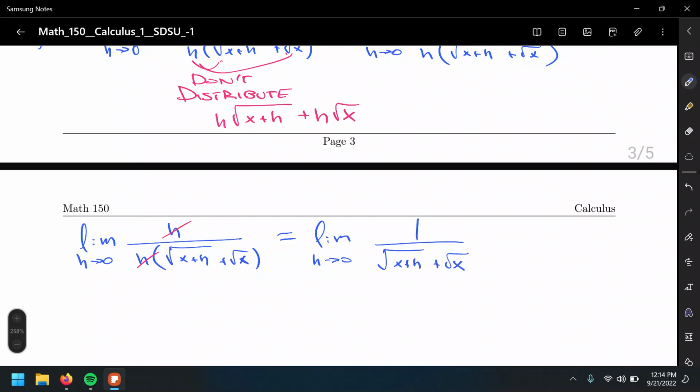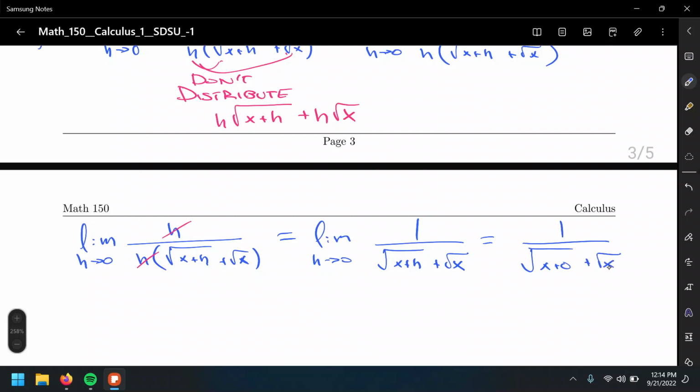And at this point, if we compute the limit for h approaching 0, well, x plus 0 is just going to be x. For now, let's write it down as x plus 0. And at this point in the limit, we no longer write the limit symbol. That's precisely the moment where we plug in the value.